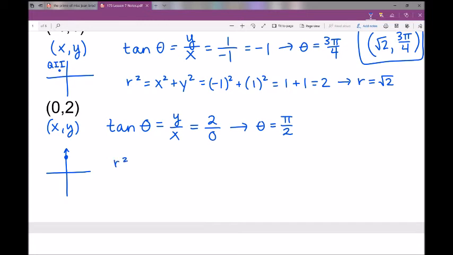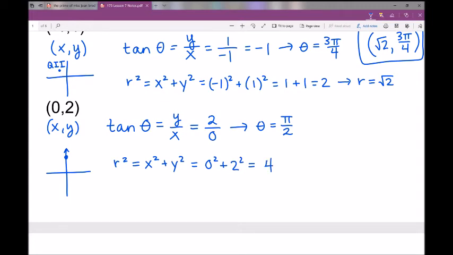Next, we need to get the radius, and so again we use that r squared is equal to x squared plus y squared equation, and we can plug in our x and y. So we get that r squared is 0 squared plus 2 squared, and that gives us r squared is equal to 4.